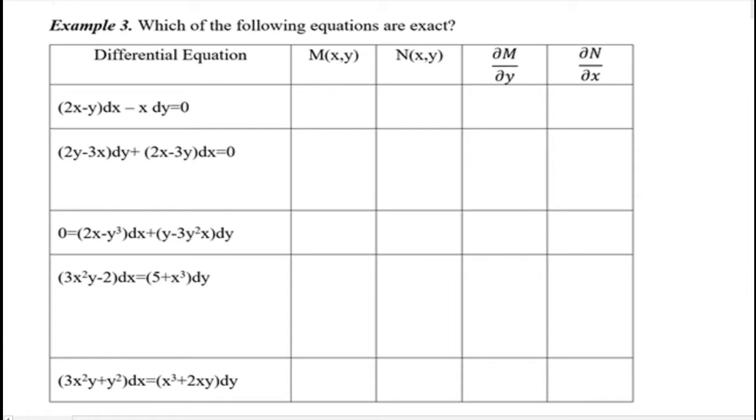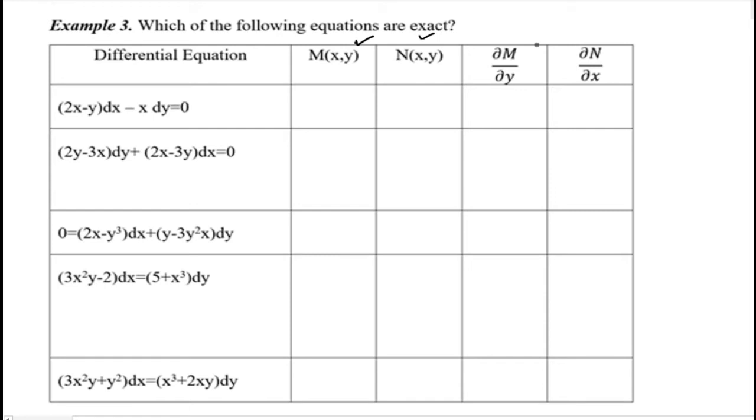Which of the 5 differential equations are exact? For our solution, the steps are shown in the table. As can be seen, we will identify first the value of M and N in the differential equations.